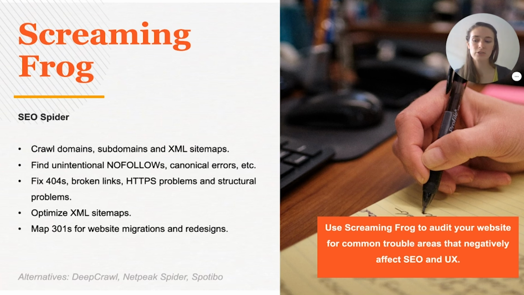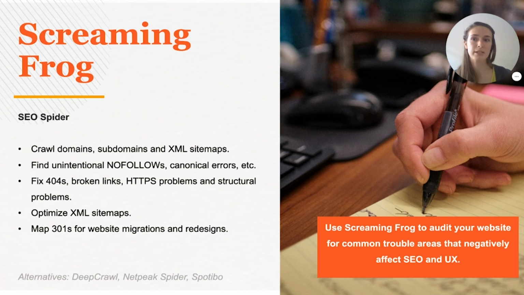A spider essentially mimics a search engine crawler or a user agent, and it crawls your entire website or a file if you choose to upload a file to identify the URLs and to find information about their indexing status, about the relationships between those URLs, the inlinks, and any errors that are occurring, such as 404s, broken links, and mixed content, structural problems. Screaming Frog is really excellent for technical SEO audits for that reason.